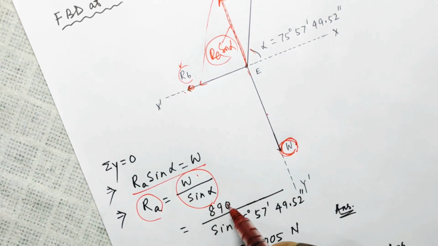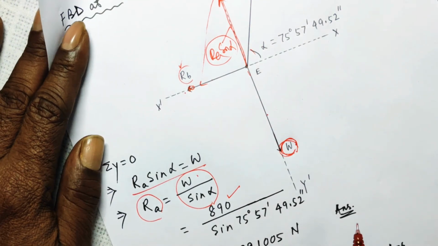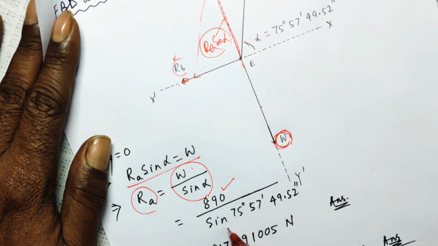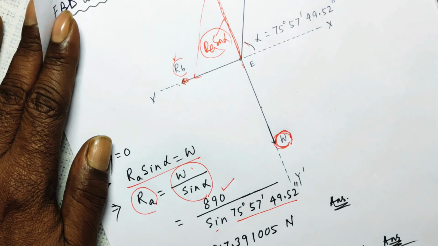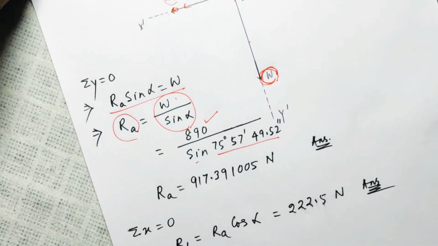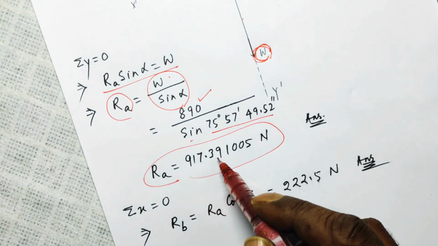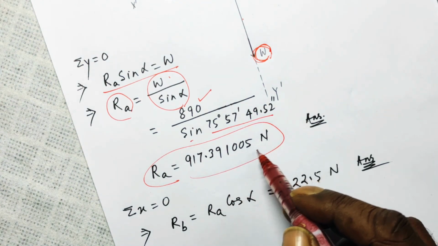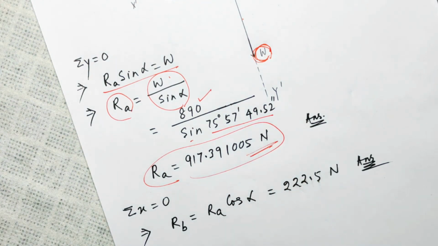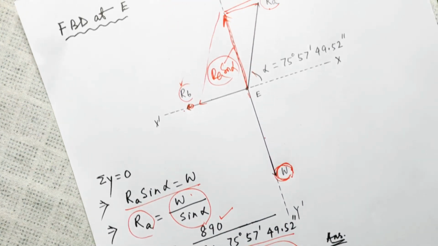Now W is given. That is the sum of the two weights, the weight of the man and the ladder. Now put the value of alpha. So in a scientific calculator, this comes out to be RA is equal to 917.391005 Newton.